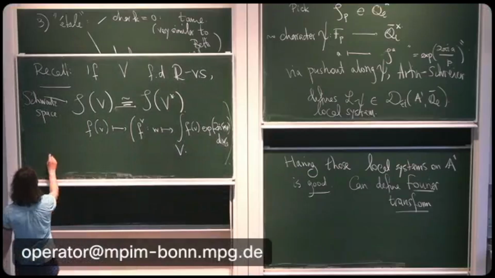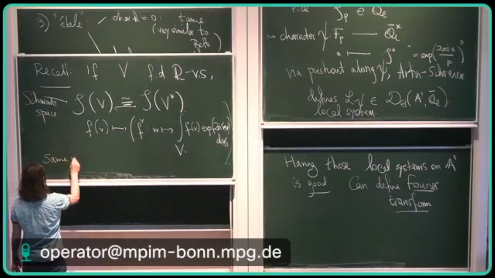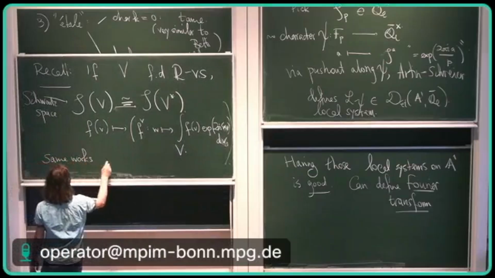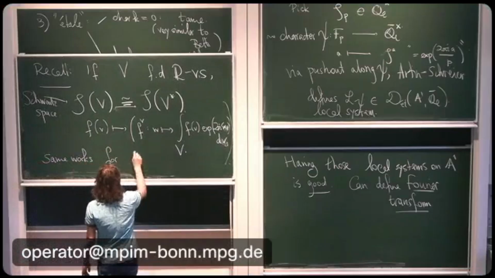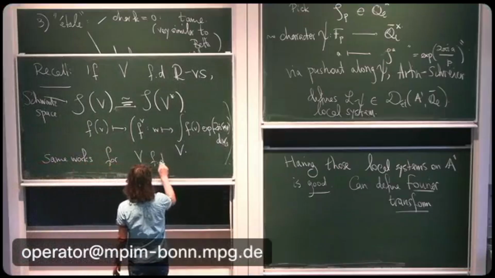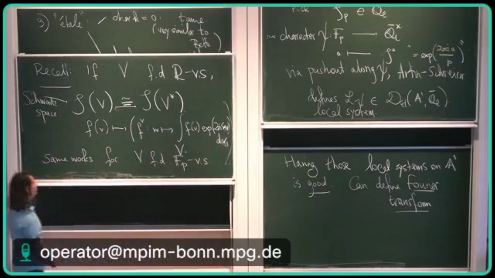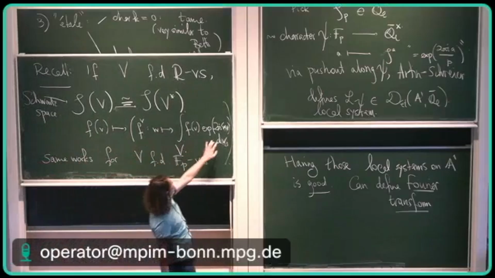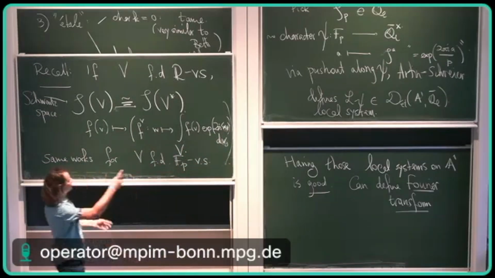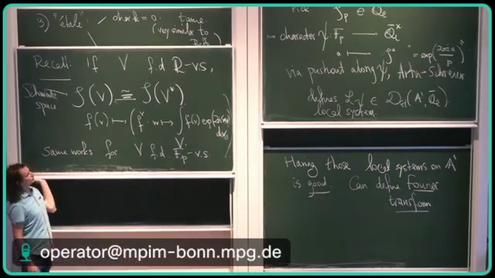And actually the same works and is much more elementary for V a finite dimensional F_p vector space. In this case, you're just taking all functions on this finite set, and you write down basically the same formula, except here you need to pick a p-th root of unity, but then it works.